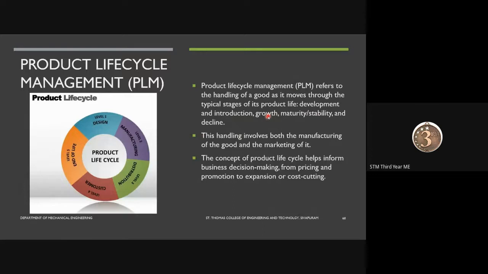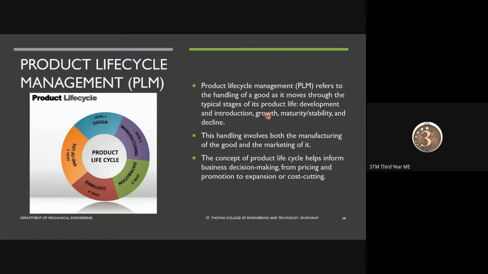When introducing a product into the market or introducing a new technology into a product, the key concept is that we have to ensure that the product runs for a particular period of time so as to incur some profit. That is the main aim of product lifecycle management.